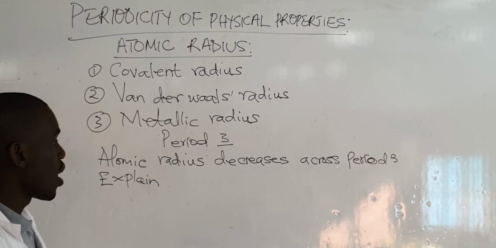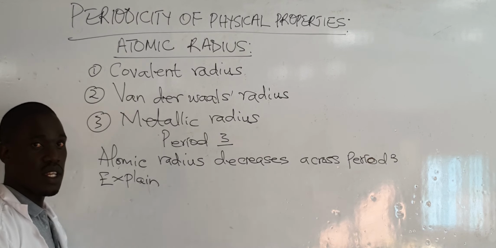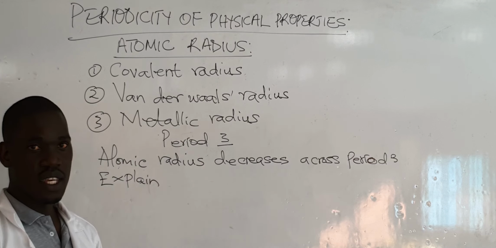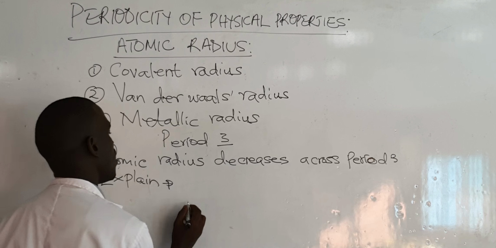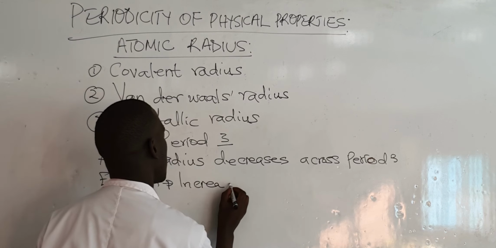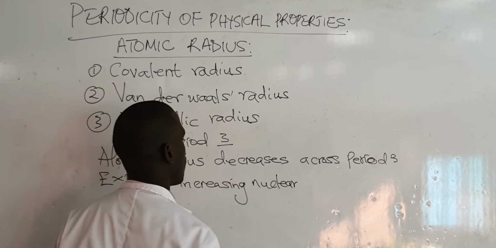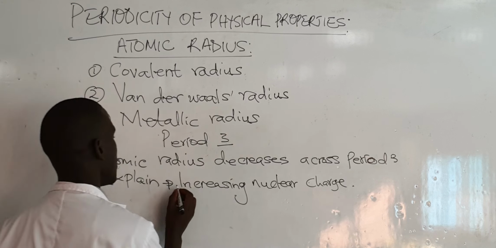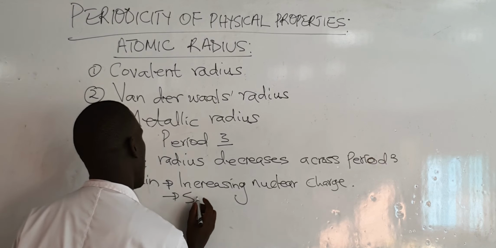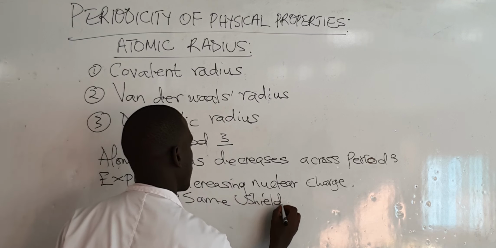One reason why atomic radius decreases across period 3 is that as we go across the period, there is an increase in the number of protons. So it means across the period, there is increasing nuclear charge, and then we have the same shielding effect.